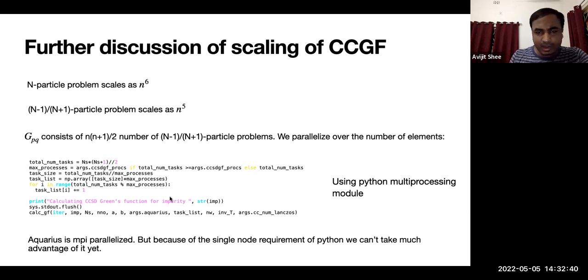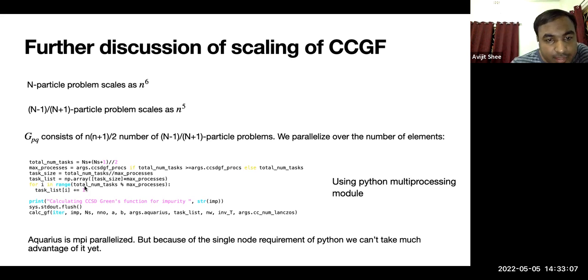And here I have shown a small code snippet. What I tried to show is that the way we parallelize so far is based on Python multiprocessing, which is just OpenMP-type parallelization on one node.